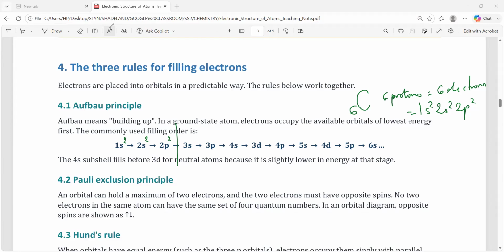What does that mean? Now, listen to this. We have an atom like this. Let's say this is the nucleus, and this is the first shell, and this is the second shell, and this is the third shell. All right?